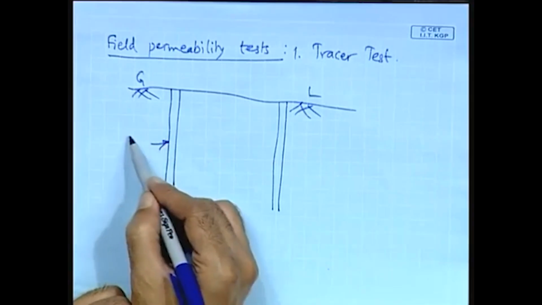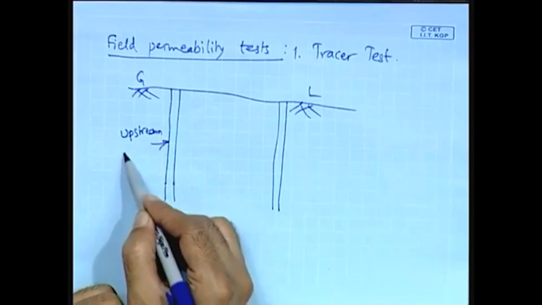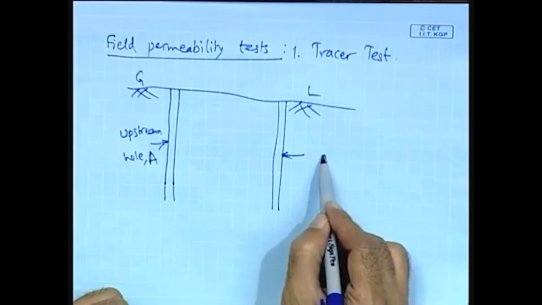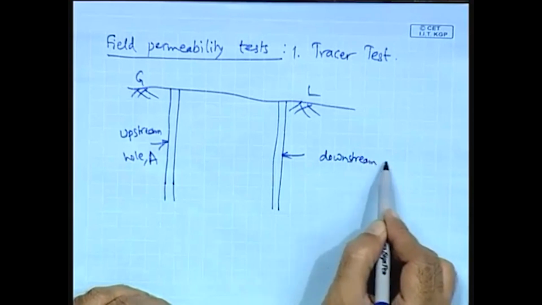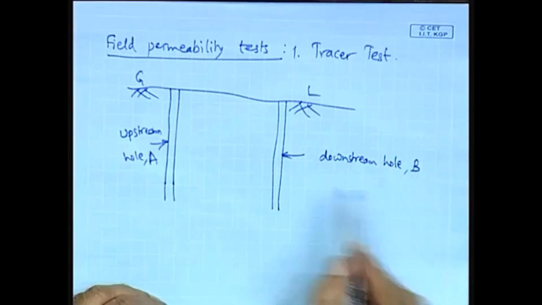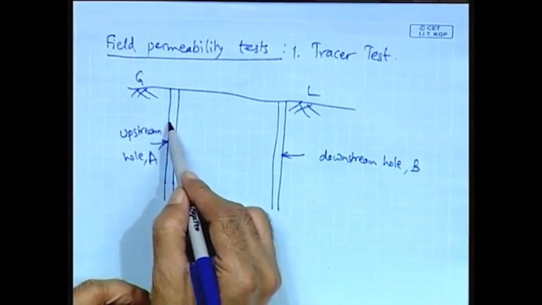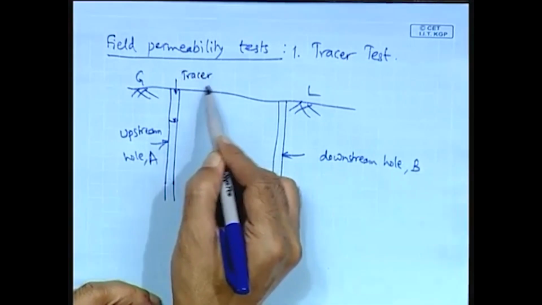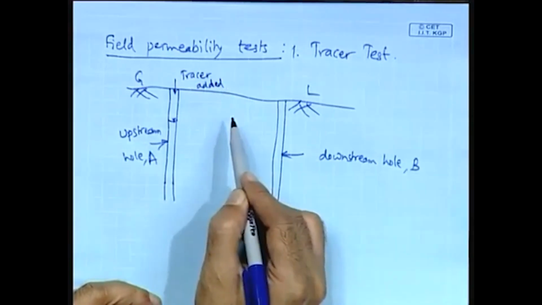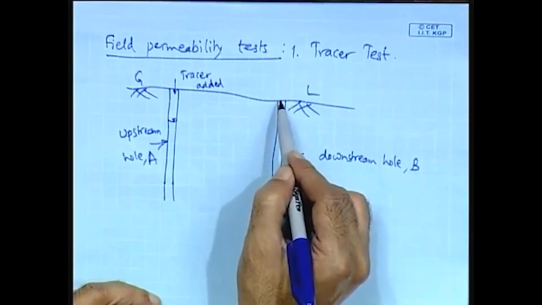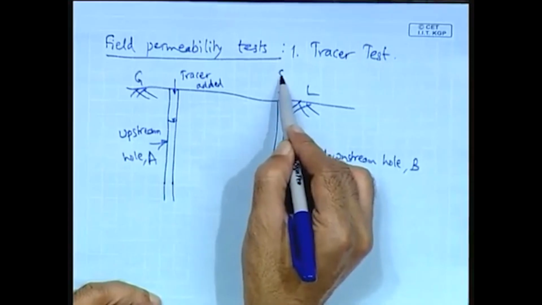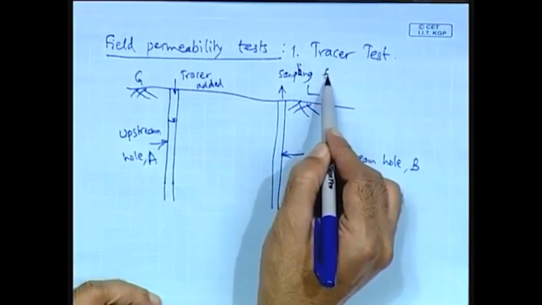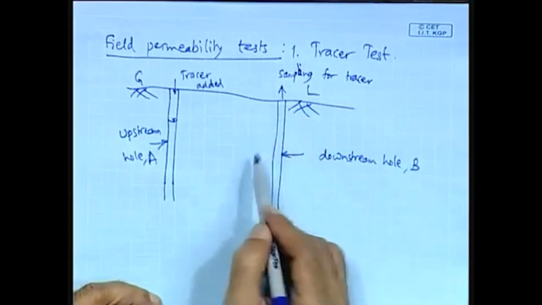So, this is the upstream hole which is A, and this is the downstream hole which is B, and in the upstream hole a tracer is added and sampling for the tracer is done at the downstream hole.